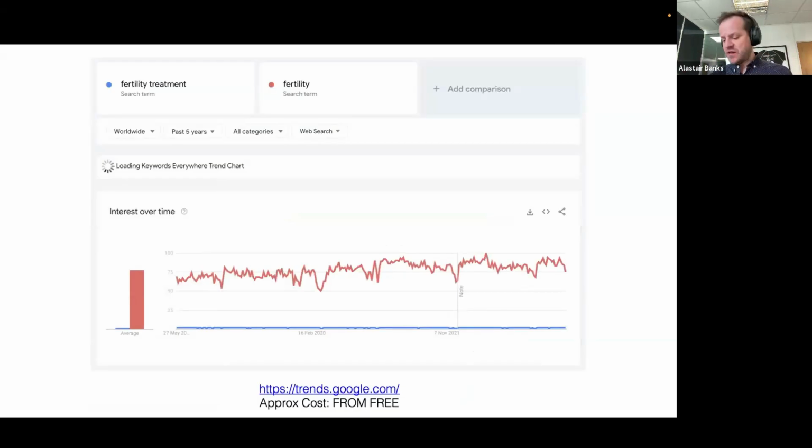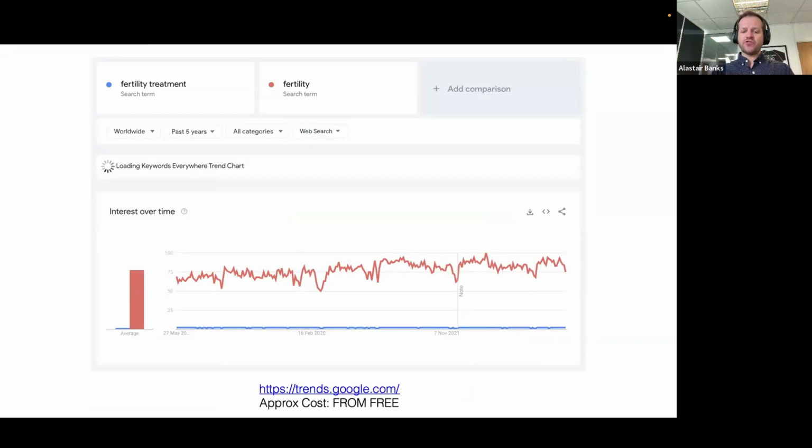I wanted to highlight at this stage a cool little tool that actually sits on top of a tool that you might know exists. So let me go through it. Google Trends is a free tool and anyone can access it.